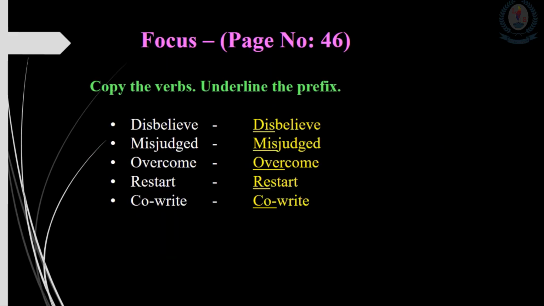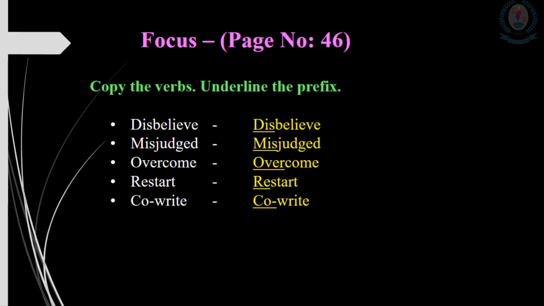Okay, moving on to the activities given in the textbook. First we have focus on page number 46. The question is copy the verbs and underline the prefix. There are 12 words and I have given you 5 words here. Disbelieve, misjudged, overcome, restart and co-write.